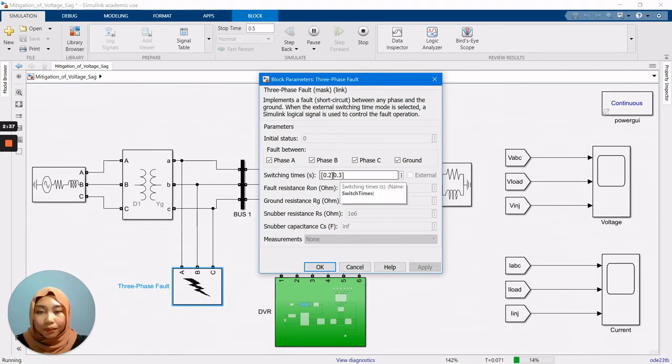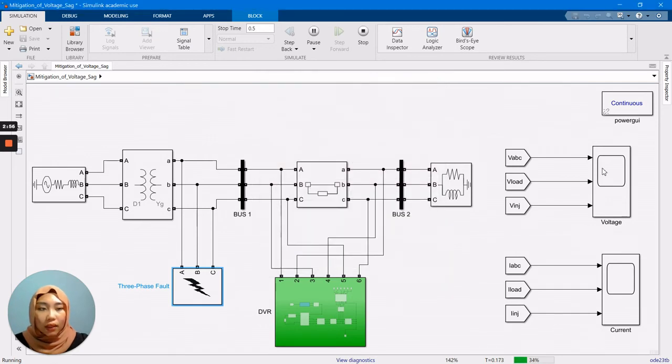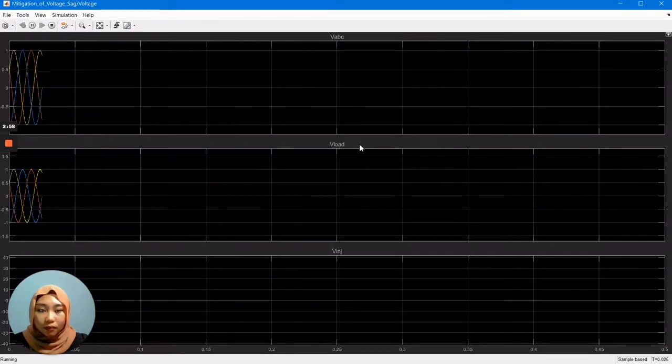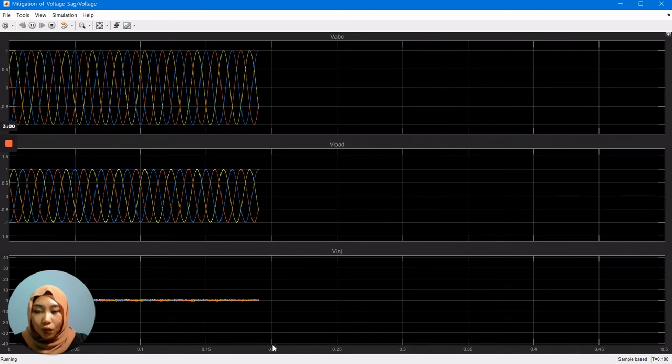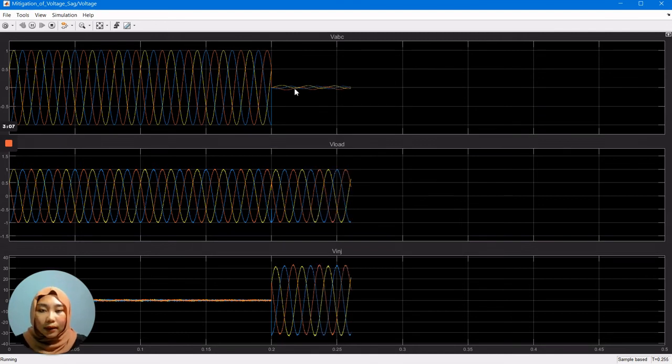Then I will adjust the switching time, which is the time when the fault should occur in the system, which in this case I will set from 0.2 second until 0.3 second. So in the scope here, from 0.2 until 0.3, the fault should occur.